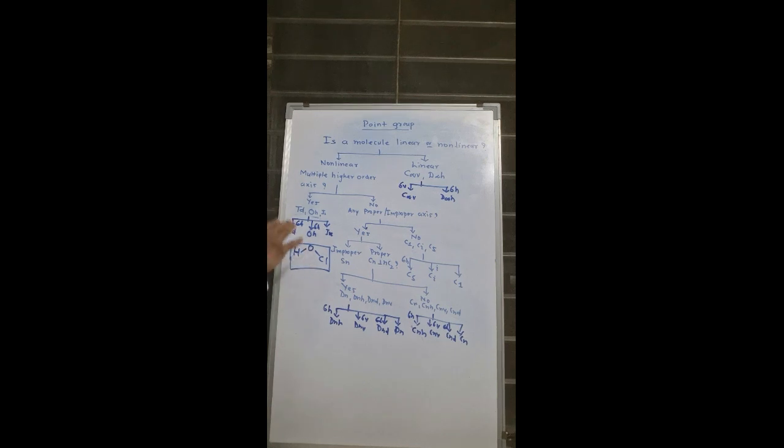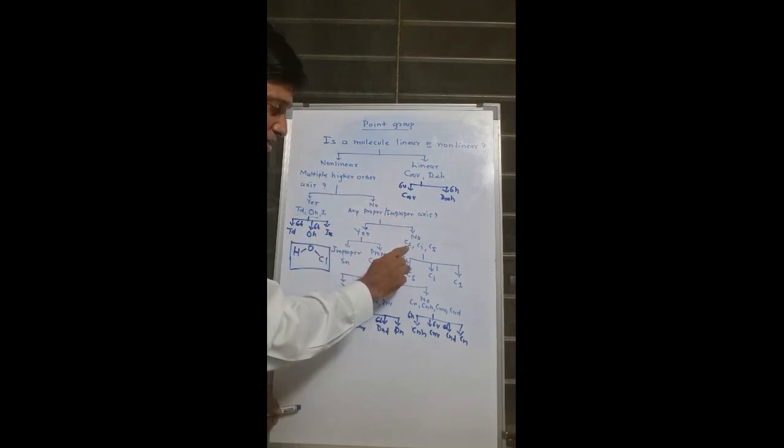This molecule has no proper or improper axis. It means there is no question about the multiple higher axis. So another question, any proper or improper axis? No, which means the point group may be C1, Ci or Cs. Here, this one is a planar molecule, which means the point group is Cs.